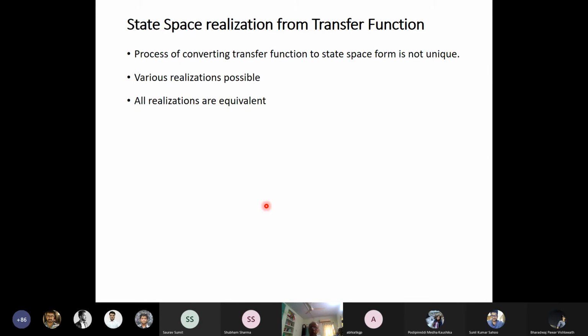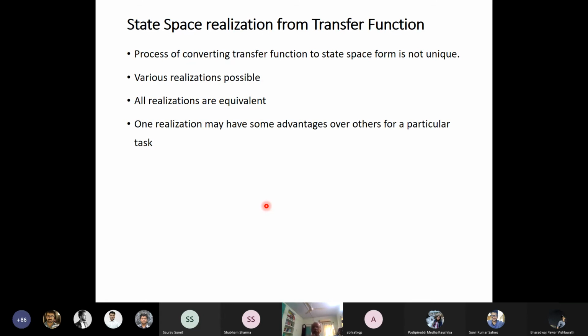However, the fortunate part is that all these realizations are equivalent. Otherwise, it would have been difficult to convert all the knowledge of control theory based on the transfer function model to the state space model.